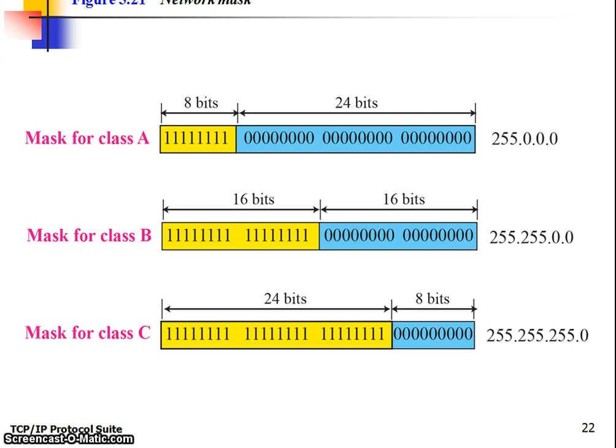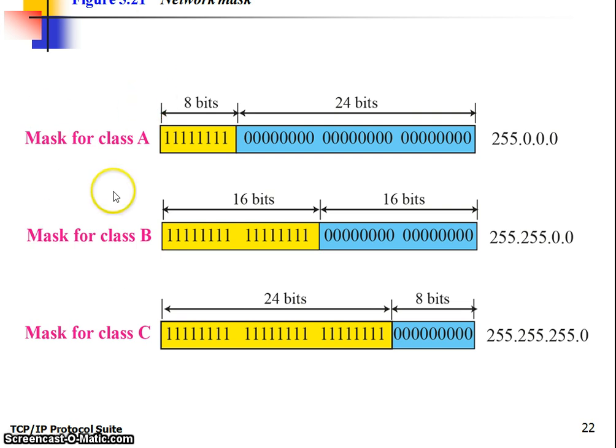Here is the standard format for class A, class B and class C. We have to perform a logical AND operation between the given IP address and a default mask which is assigned to class A, class B and class C. Understand this, the default mask is a standard and we cannot vary it.